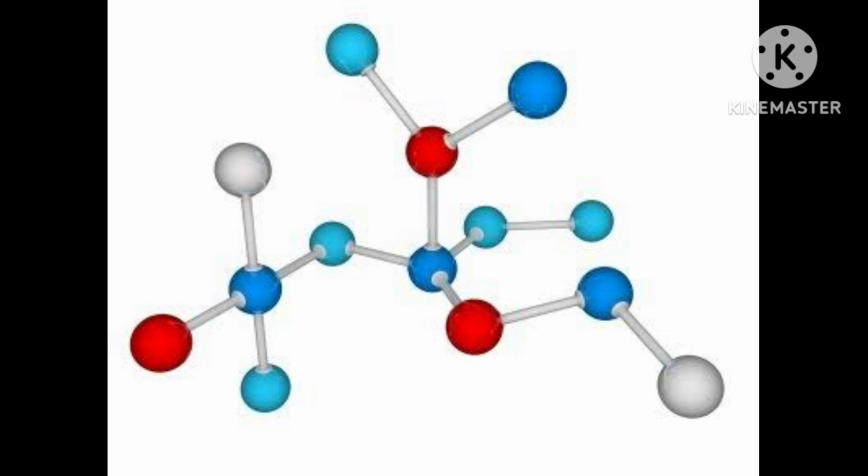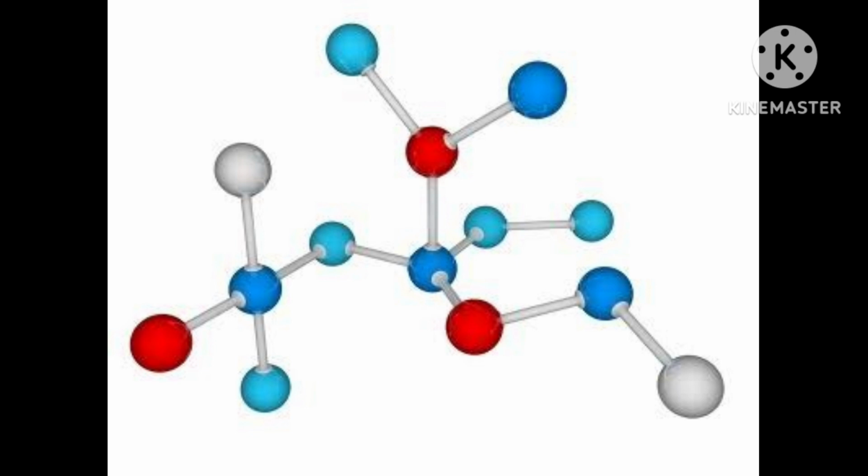If the chain is long, then simply write CH3, and suppose between the CH3 and CH3 there are 6 CH2. Then simply write CH3 (CH2)6 and then again CH3.